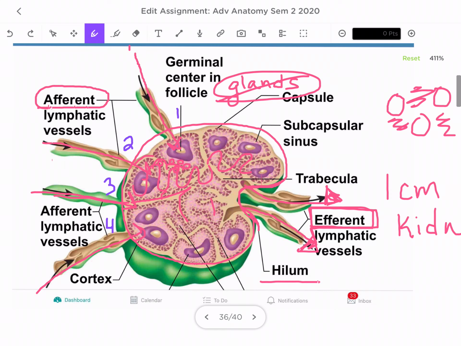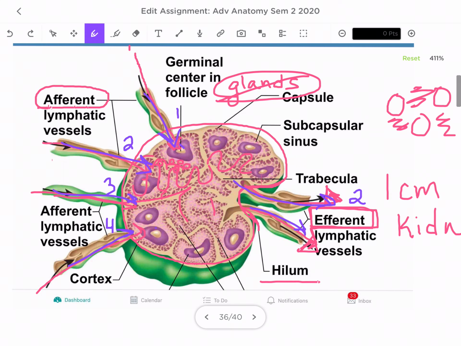And then there's only 2 efferent vessels. That means the fluid comes in pretty quick, but it leaves slowly because there's a lot filtering in, but there's hardly any filtering out.